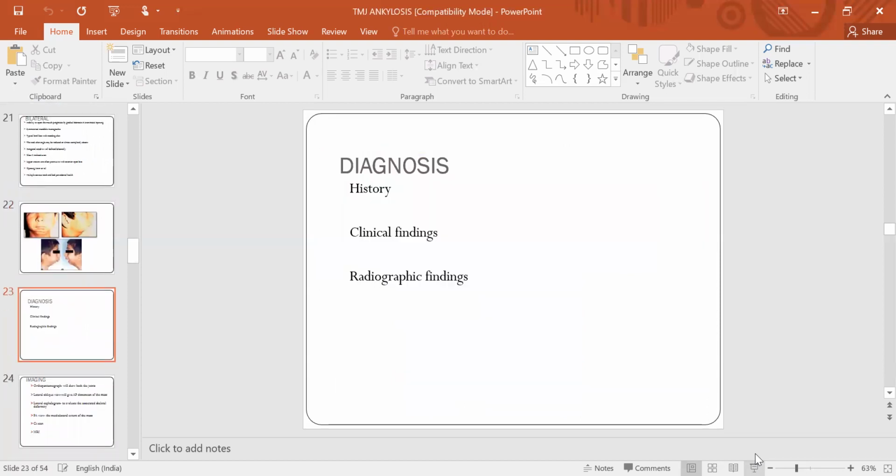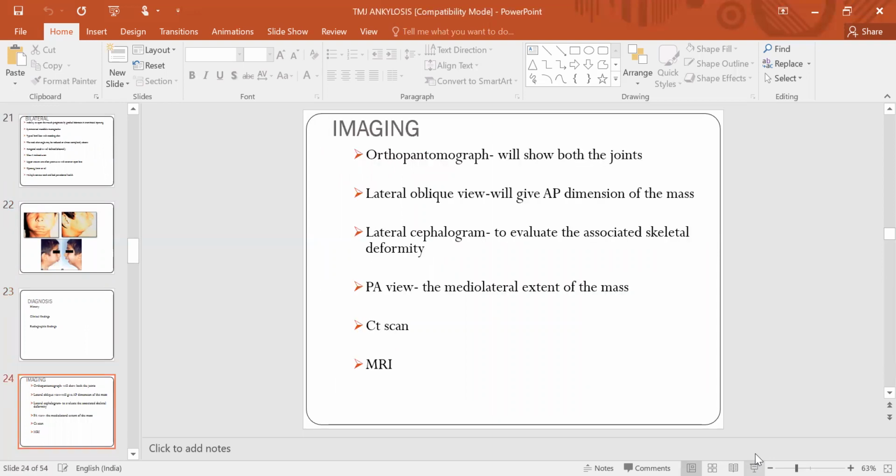And coming to the history, clinical findings and radiographic findings. For imaging, we take an OPG that shows both the joints with ankylosis. If you're not satisfied with the OPG, you can go for a lateral oblique view of the mandible, and a lateral cephalogram will also give an idea about the joint space. A PA view can also be taken.